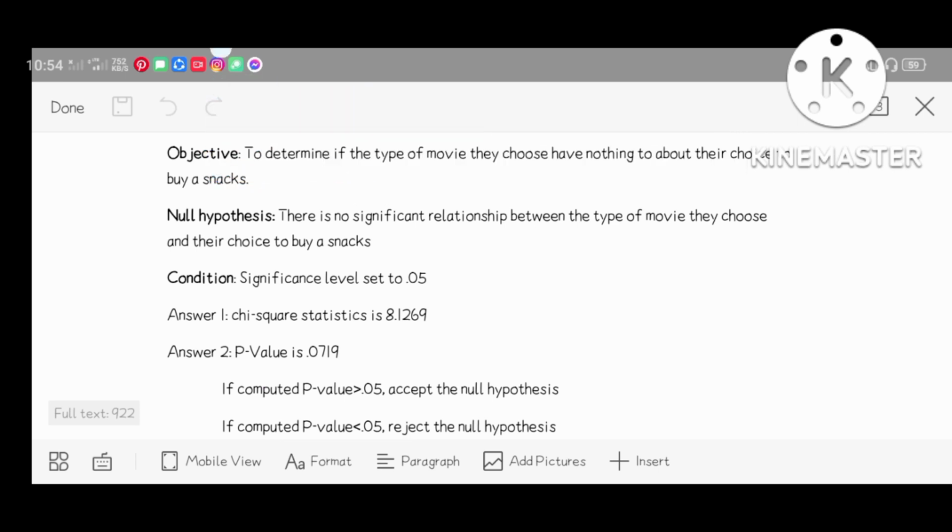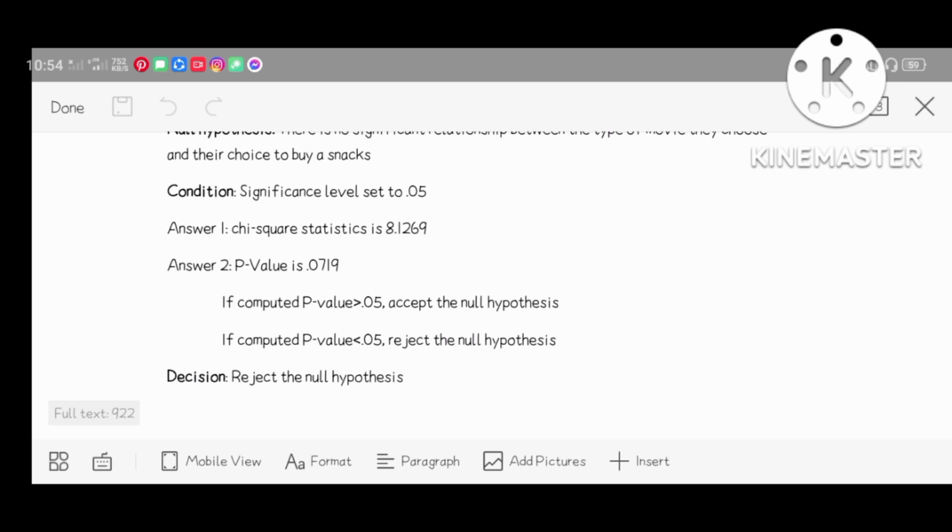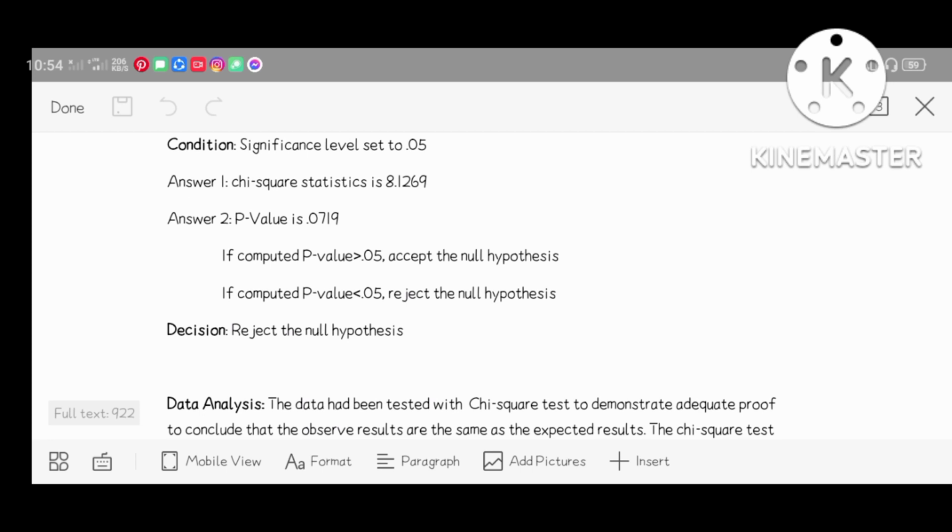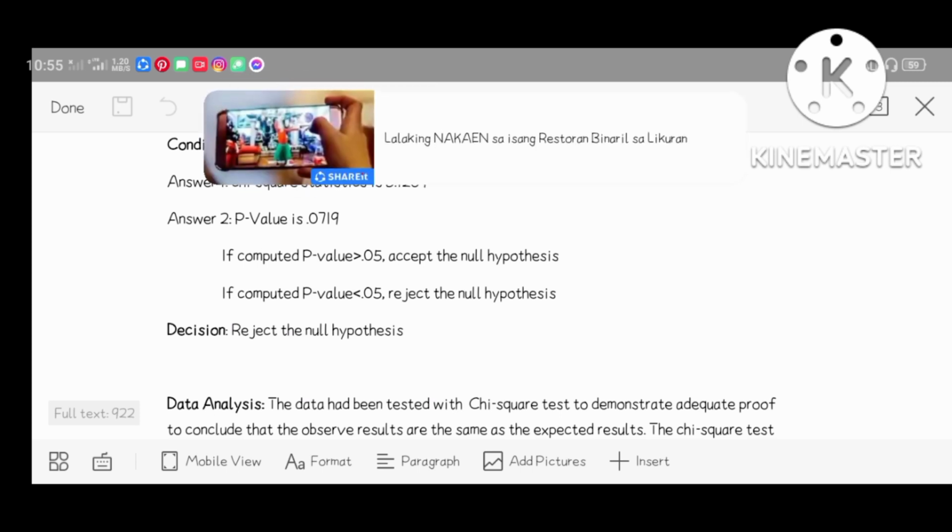The significance level is set to 0.05. The answer for number 1: the chi-square statistic is 8.1269. The answer for number 2: the p-value is 0.0719. The computed p-value is greater than 0.05, and we accept the null hypothesis.